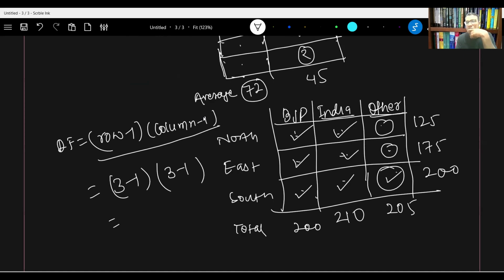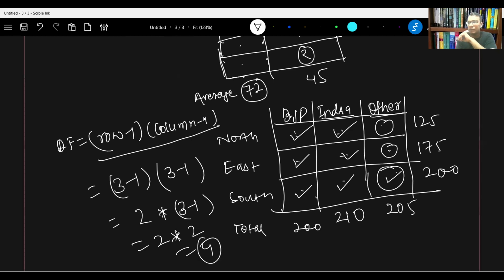So 3 minus 1 is 2, into how many columns? 1, 2 and 3. 3 minus 1 is 2. So 2 into 2 is 4.